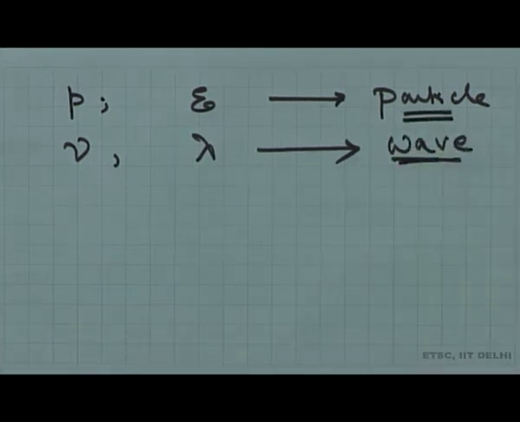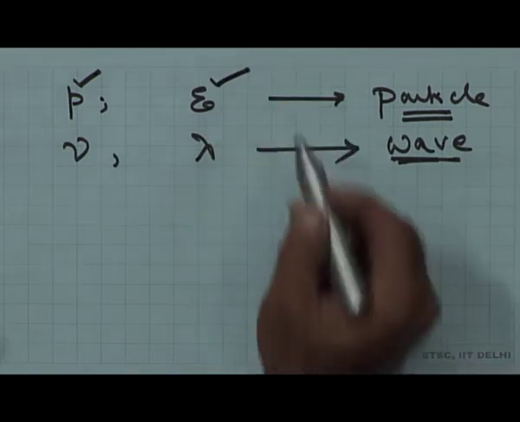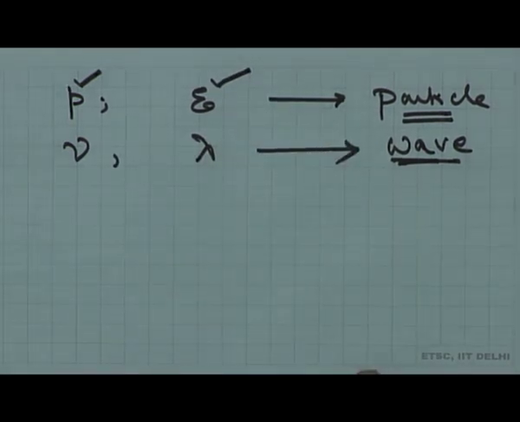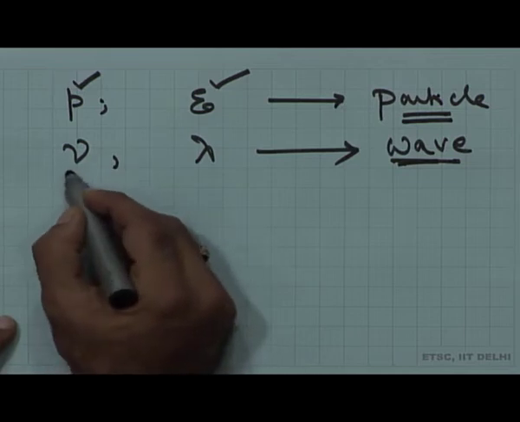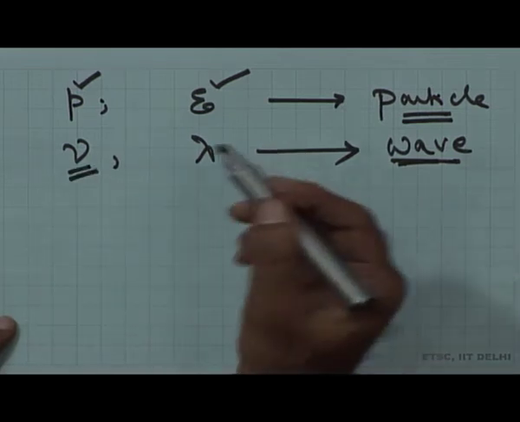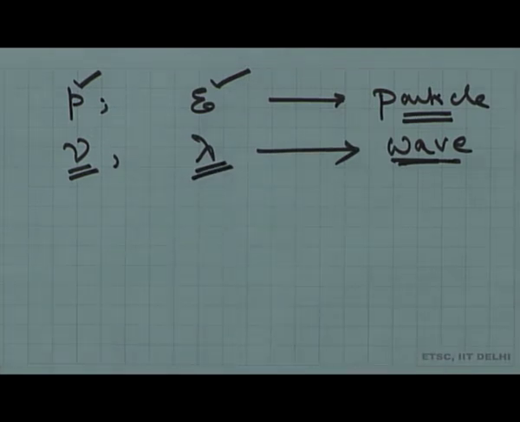So for the same entity, let me call it an entity, the electron in this particular case, when I look upon it as a particle, I am associating a momentum and an energy which is given by Newton, because these are essentially non-relativistic particles. Their velocities are very small compared to the speed of light. But when I am looking at it from the viewpoint of the so-called quantum picture, the old quantum theory, I am associating a frequency nu and a wavelength with them.